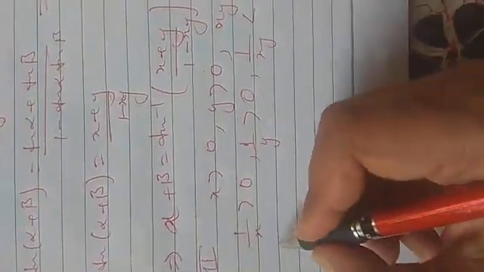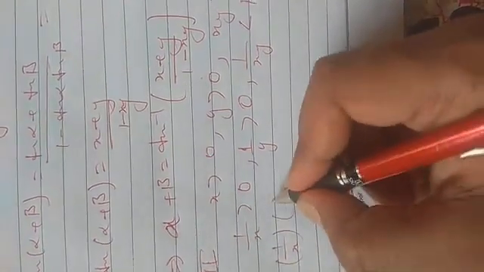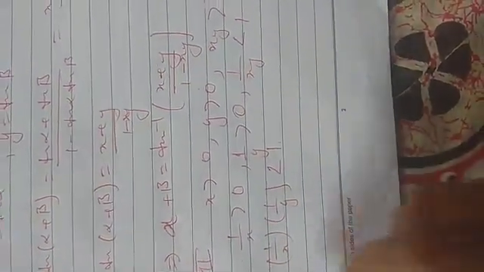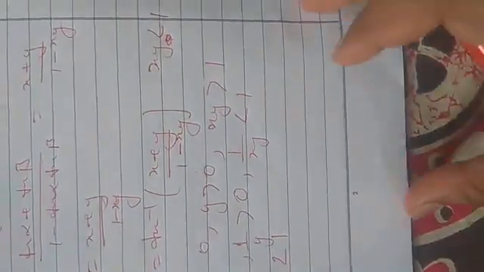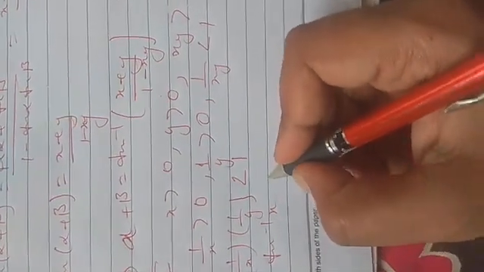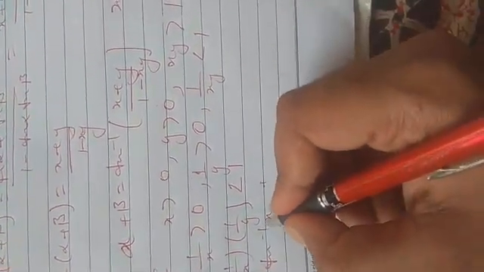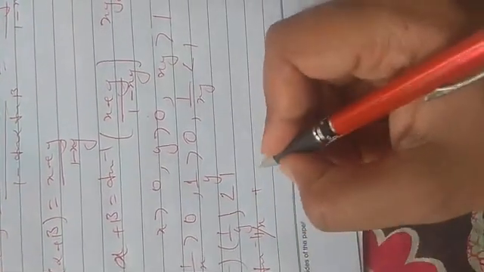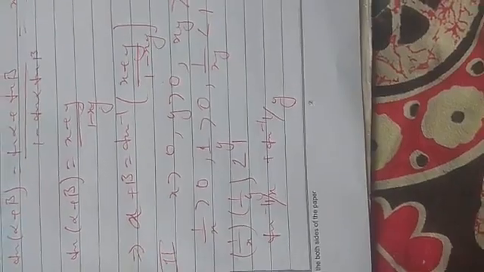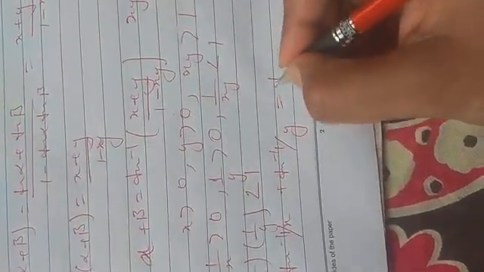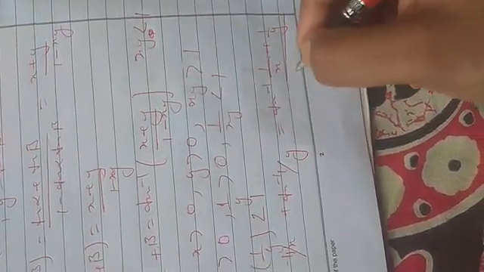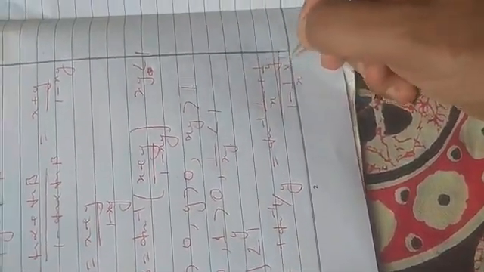Now we have the first case: tan inverse x plus tan inverse y, we can write in the place of x, 1 upon x, plus tan inverse 1 upon y. We can directly use the first case result, which equals tan inverse of (1 upon x plus 1 upon y) upon (1 minus 1 upon x into 1 upon y).